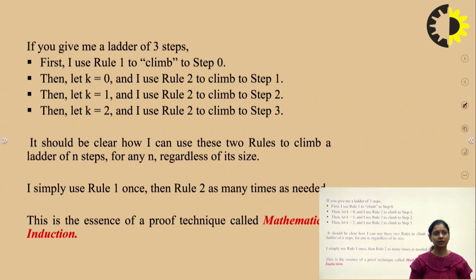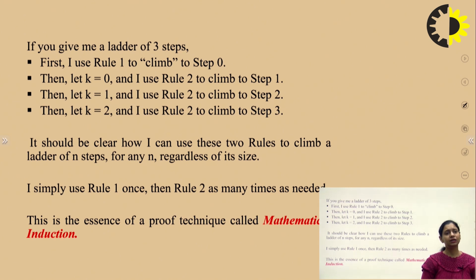When I have to reach step 3, I will use rule 2 again. I am at step 2, I will use rule 2 and climb to step 3. So it should be clear how I can use these two rules to climb a ladder of n steps for any n, regardless of its size.